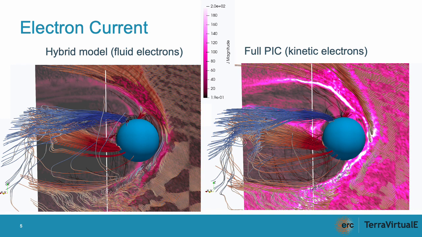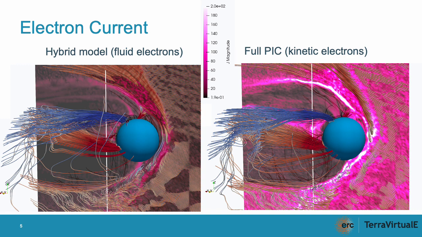The reason why we see this very significant change in energization of the electrons is the fact that the transitions that happen in the presence of electron physics are much stronger. The fact that the electrons are actually particles and not a fluid creates stronger currents and more localized currents that are not present in the case of a hybrid model where the electrons are fluid.